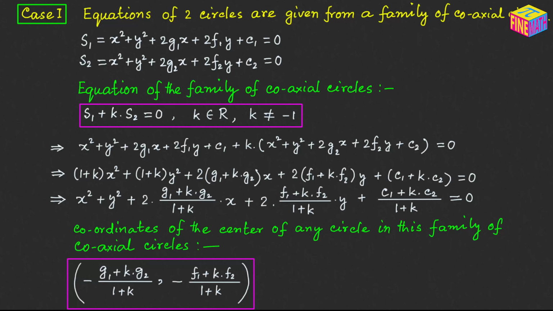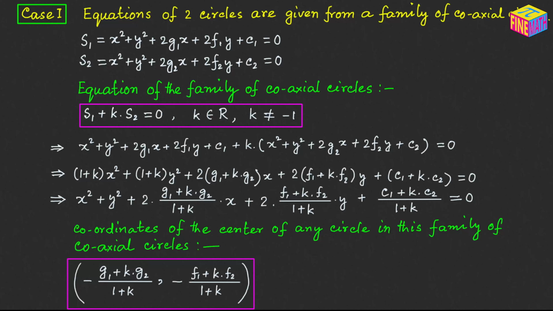And then from here, if you think about it, if this is the general form of the center of any circle, then of course this will also represent the centers of the point circles belonging to that family. That means if we can somehow find out the suitable values of k, then using this particular formula, we can come up with the coordinates of the centers of those point circles belonging to this family. That means we can find out the limiting points.